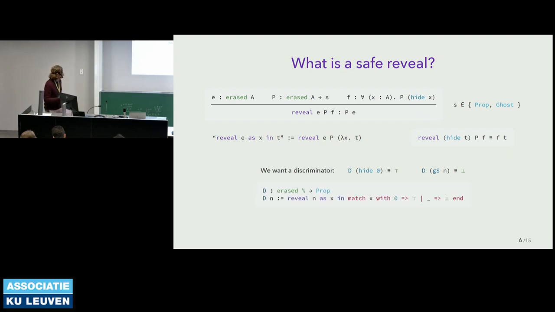And to build it, I would try essentially to reveal and say, well, now I have a natural number and I know how to distinguish natural numbers. 0 is true and whatever else is bottom. But here, there is this issue that the predicate, which I've hidden, is essentially I'm building a proposition, which means that I'm actually going to type. So that doesn't work.